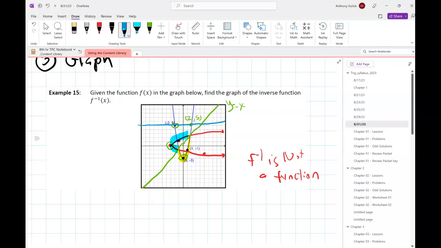So I can check if the graph of a function is 1-to-1 by doing a horizontal line test. Everybody's okay with that idea? Let's write down what we mean there. Okay, let's attach some words to that.